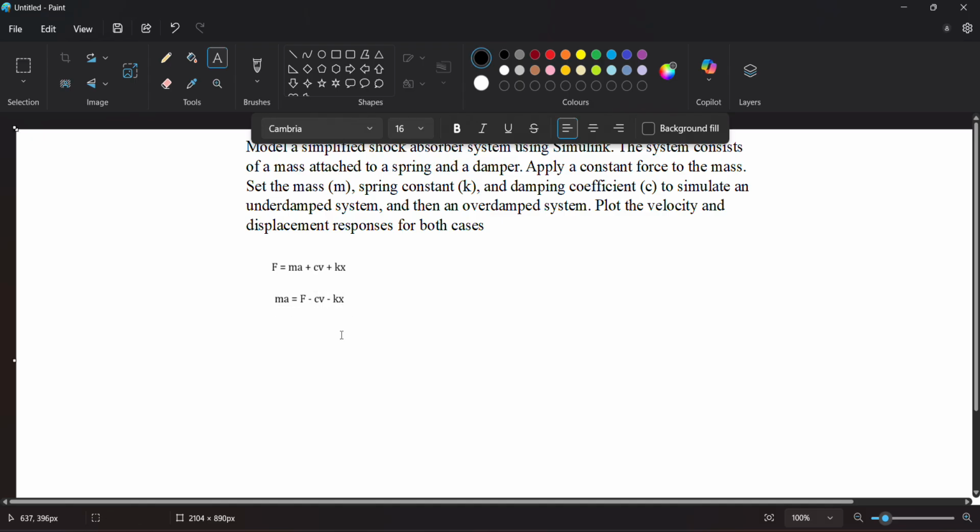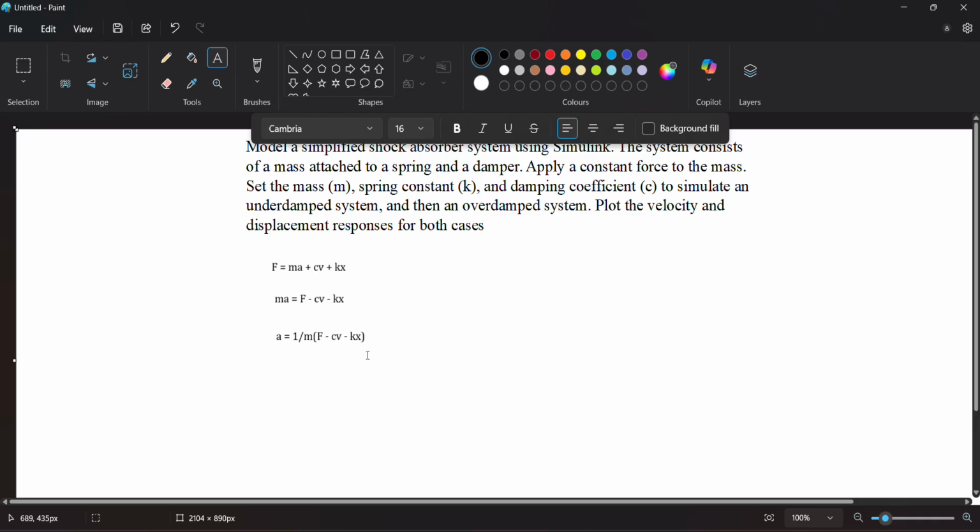Now I'm going to bring that m to the right hand side. So this equation becomes a equals 1 by m into (F minus cv minus kx). So this is the final equation that we are going to simulate.